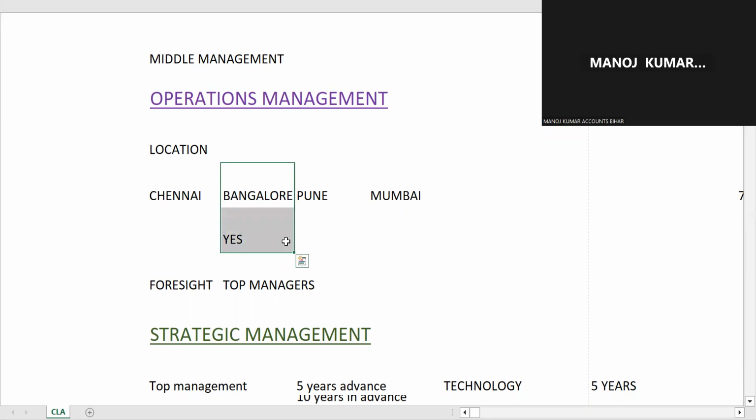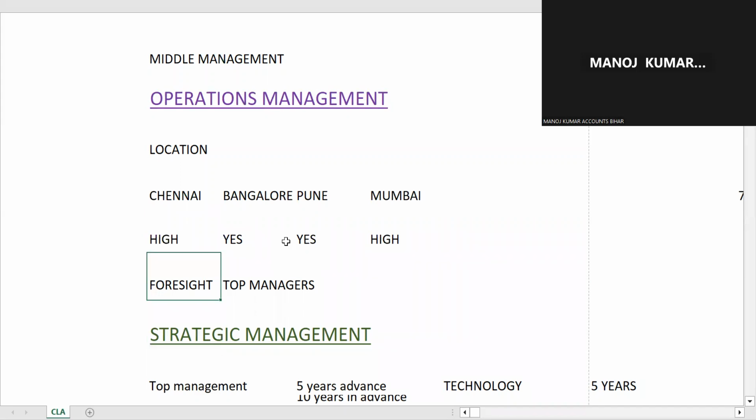So they'll suggest something like this, or they will also suggest rates of land. Let's say in Chennai, the rates are very high, in Mumbai, it's very high. But if we go for Bangalore or Pune, we can set up the same facility for 50 lakhs. Otherwise, we will need 1 crore. Okay. So this is how the middle level management will just help the top management with their inputs.